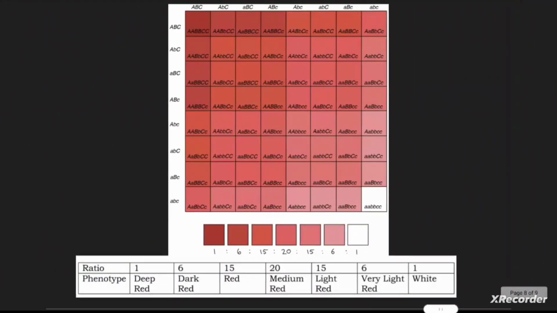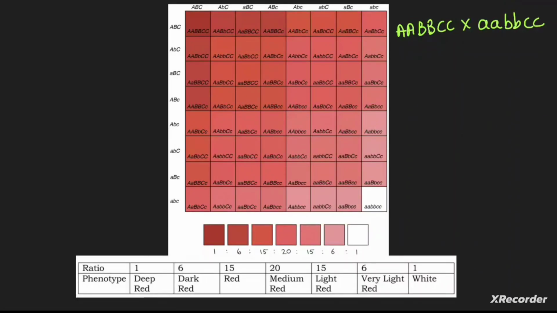The next is wheat color. In wheat color, there are basically capital A, capital A, capital B, capital B, capital C, capital C crossed with small a, small a, small b, small b, small c, small c. So there are 3 different loci. Directly I can use this particular formula and I can add 3 raised to 3. So I can expect 27 different genotypes.